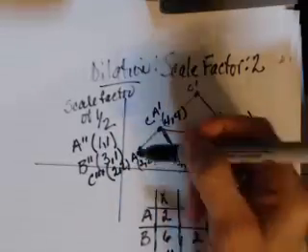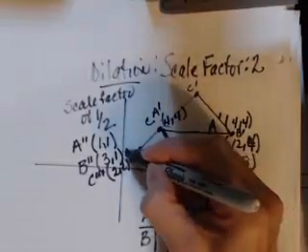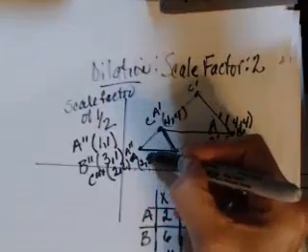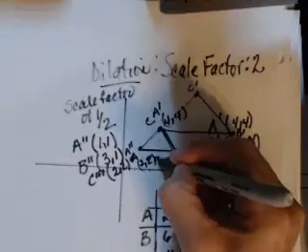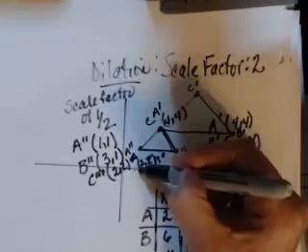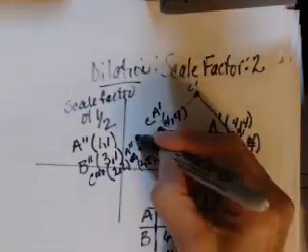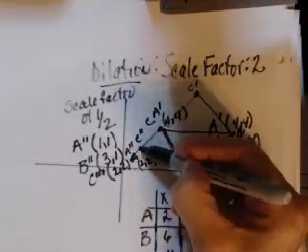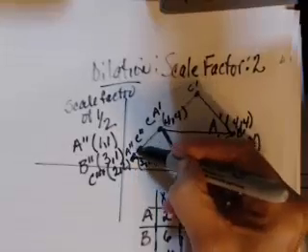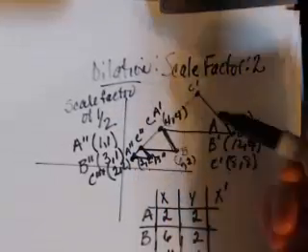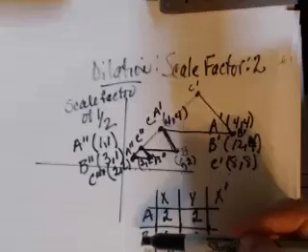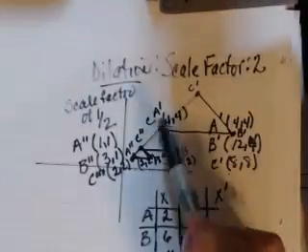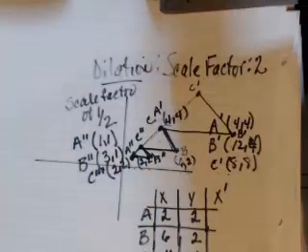So if I go right 1 and up 1 is A double prime, and then right 3 up 1 is B double prime, and then right 2 and up 2 would be C double prime. And so now we have our little reduction for the pre-image. Both of these, whether it's a reduction or enlargement, is called a dilation.